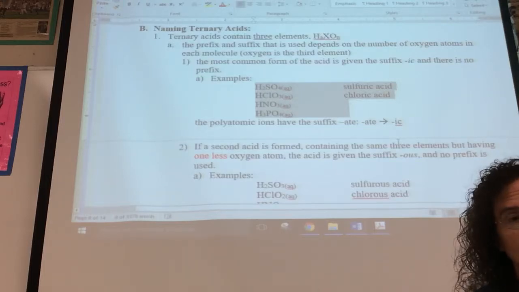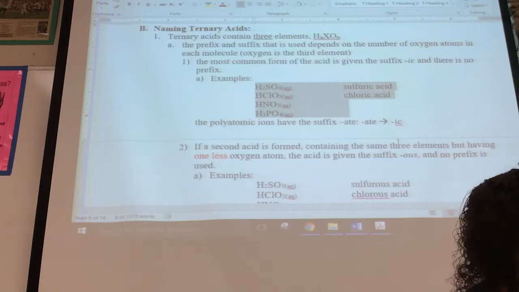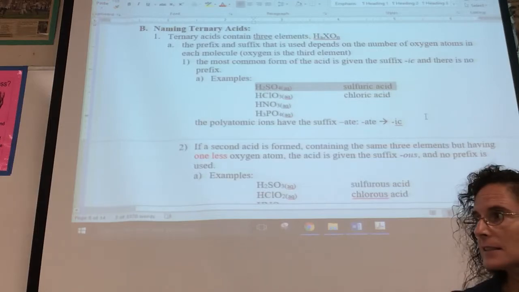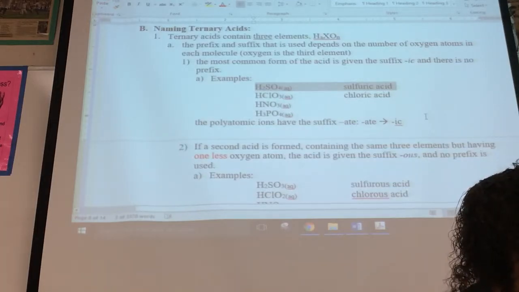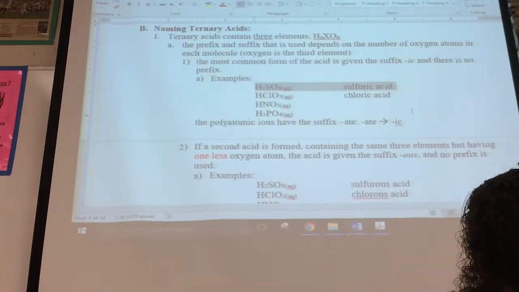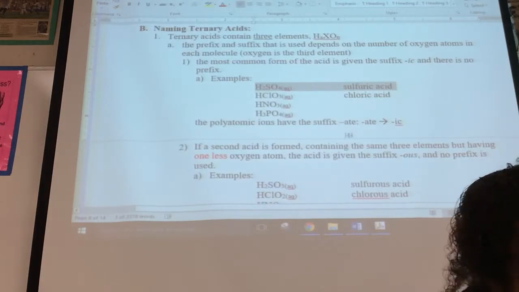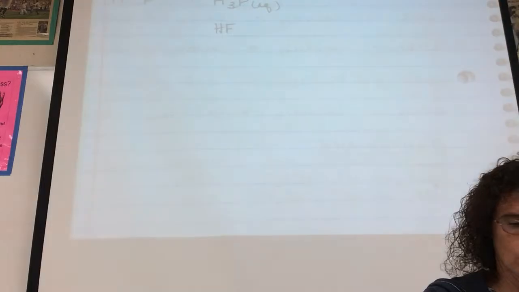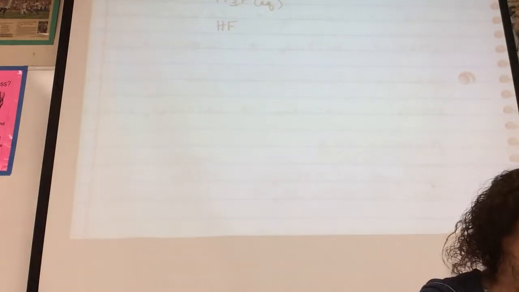It's either 3 or 4. The easier way to do it, because of that inconsistency, is to understand what always generates "ic". And that's what I'm going to walk through here with you. I'm going to write these out and work through this so you can see the linkage.